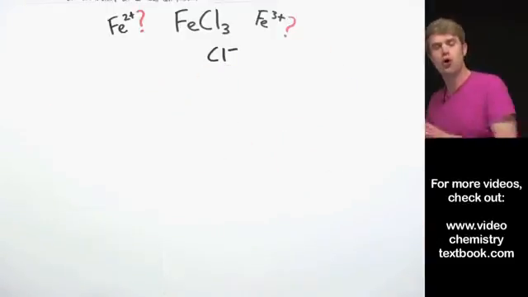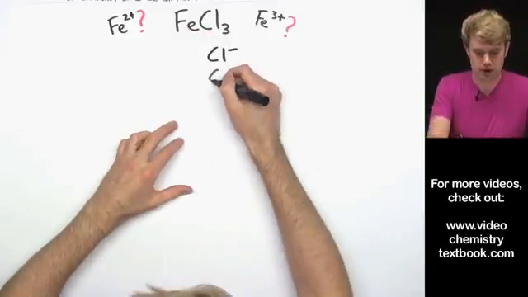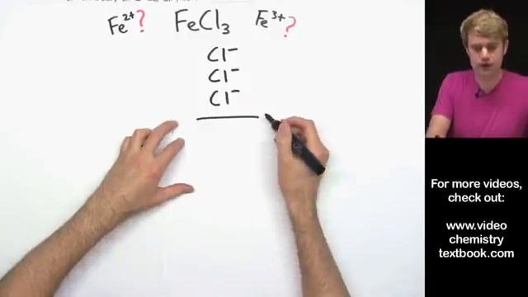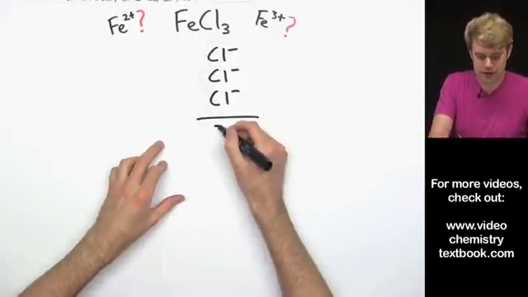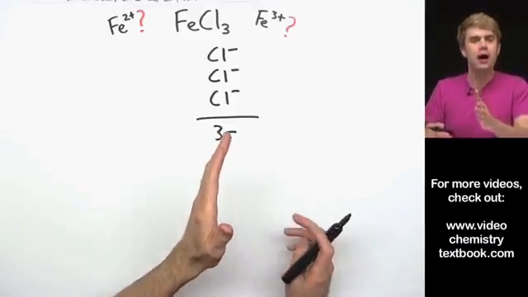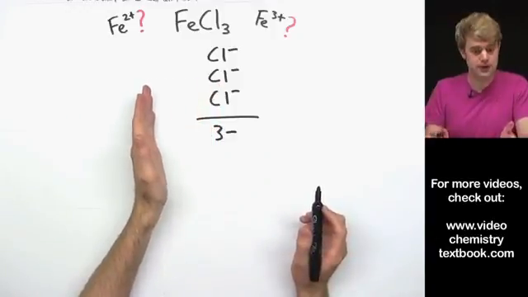Now, how much total negative charge do we have here? We have 3 Cls, so that's 1, 2, 3. And since we have 3 of them, the total amount of negative charge is going to be 3-. Now, in an ionic compound, the negative charge always has to balance out with a positive charge.